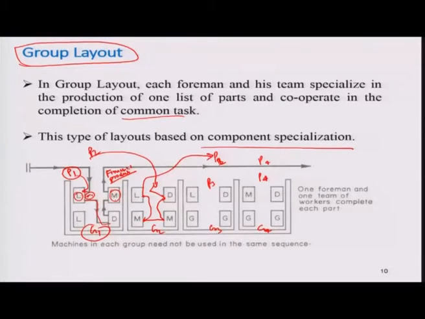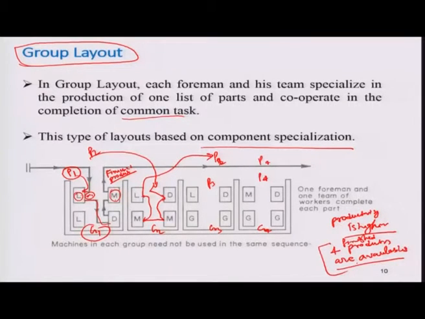But here productivity is higher, because all machines are engaged at the same time, and 4 finished products are available. So this is the most appropriate layout used in industry, that is called group layout.